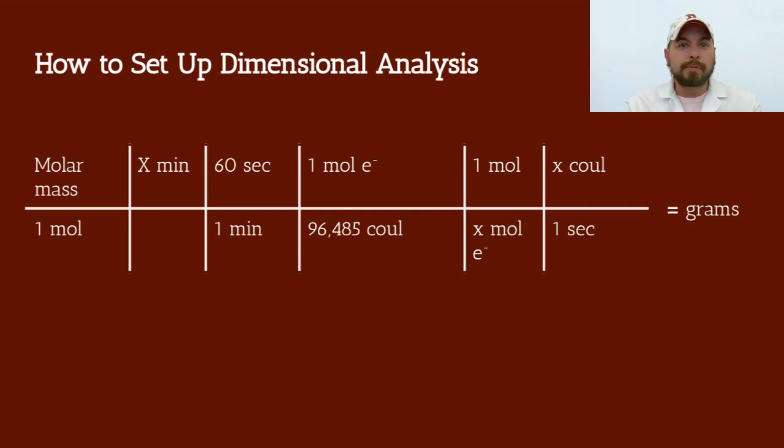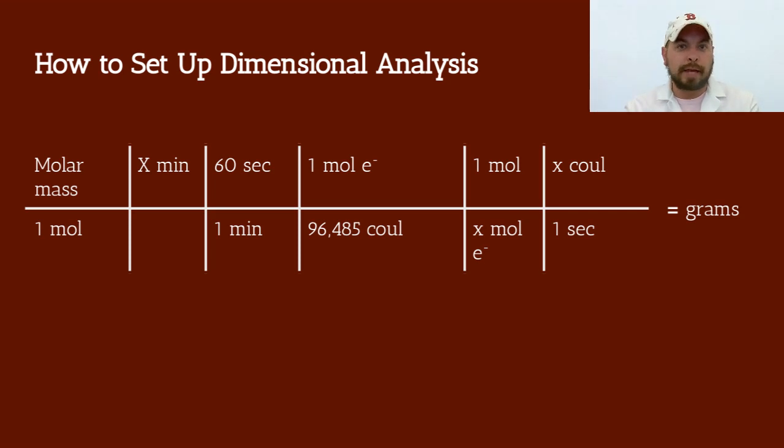Now, some of these problems can actually be pretty complicated. And in doing so, we're going to have our longest and widest dimensional analysis setup of the year. So let me show you how we're going to set up a dimensional analysis grid. There are really two ways. The first way, and the way that I recommend, is you start with whatever unit you want to finish with at the top.